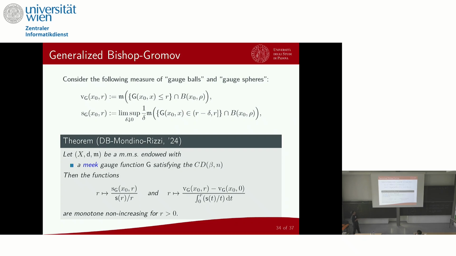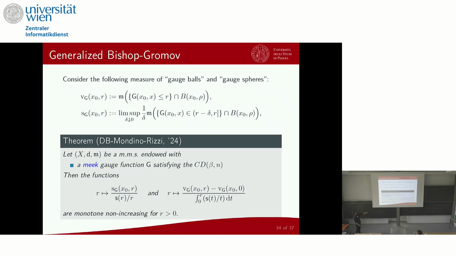And we also have a generalized Bishop-Gromov, which now is in terms of gauge balls. So you have to remember the picture we did before. You fix a ball, say of radius rho, the external ball, and then you have this set I showed you before, where the G is less or equal than R. And you produce a volume function and a spherical function with this object here.